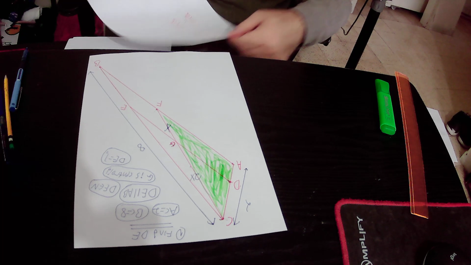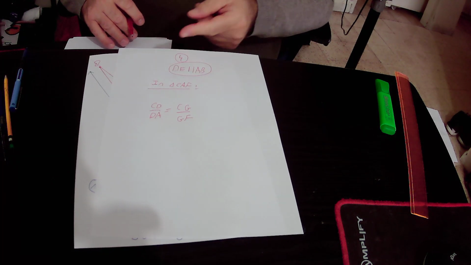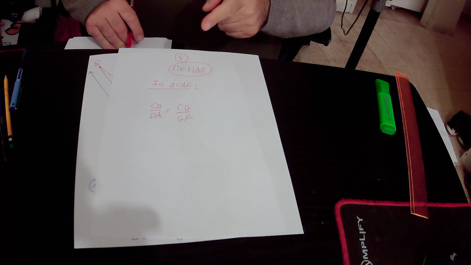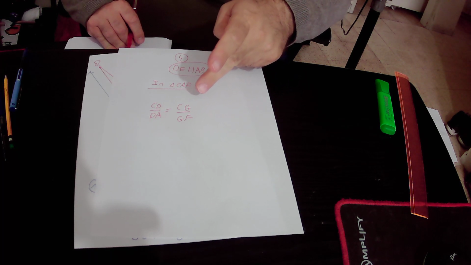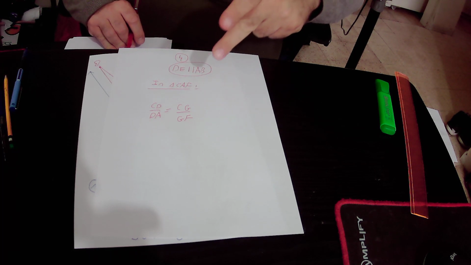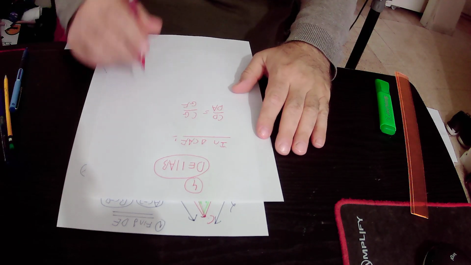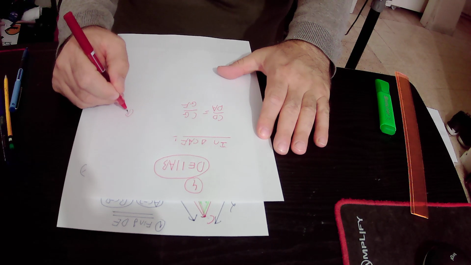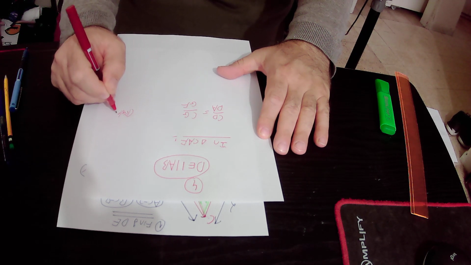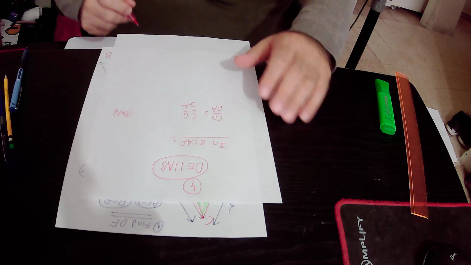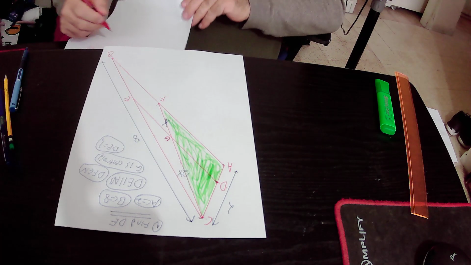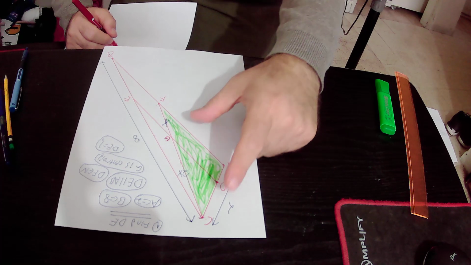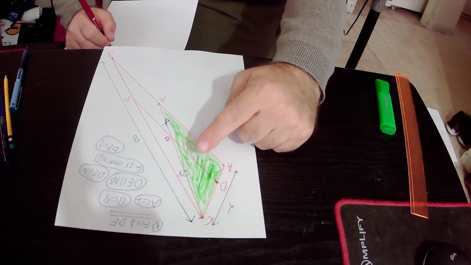Again, in the green triangle CAF, we know that line segment DE is parallel to AB. Therefore, according to rule number 2, CD over DA equals CG over GF. Okay, but what is the value of CG? The value of CG is 2x.